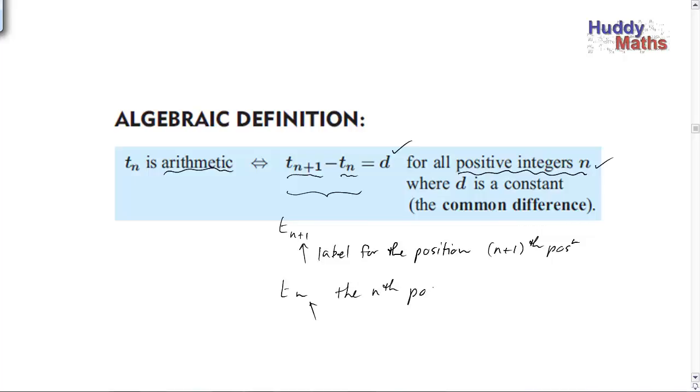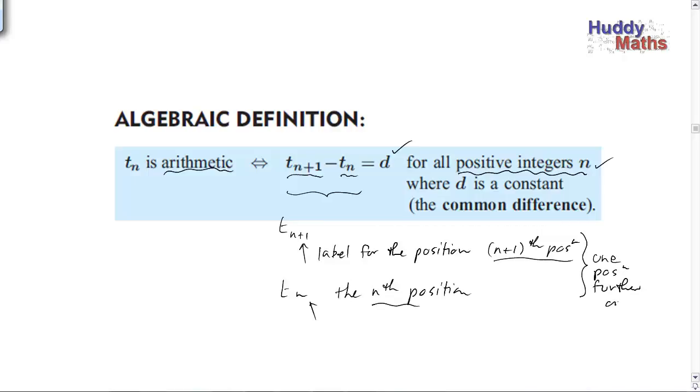So can you see that all this is trying to do is, in mathematical language, say that this position is 1 past this one. Okay, so the n plus 1th is 1 position further on in the sequence.